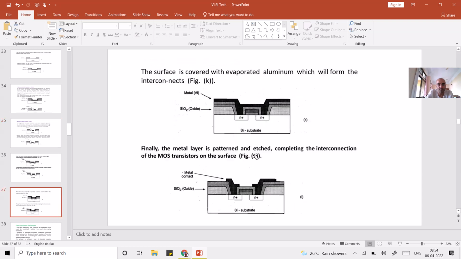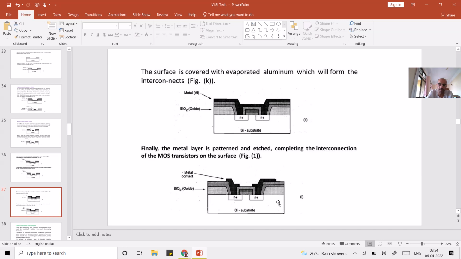Now you see this polysilicon gate is insulated in this region, and in this technology particularly we are using aluminum contacts, whereas nowadays people also use polysilicon interconnects. Here we can see that the metal contacts are formed, and this insulation should be provided to separate the source and the drain regions from each other.